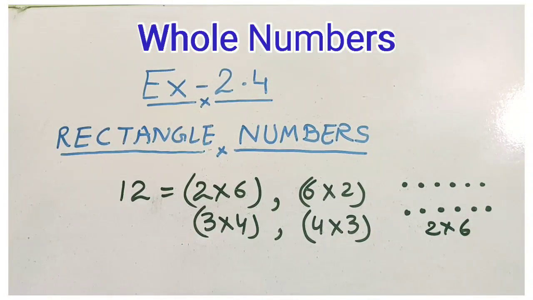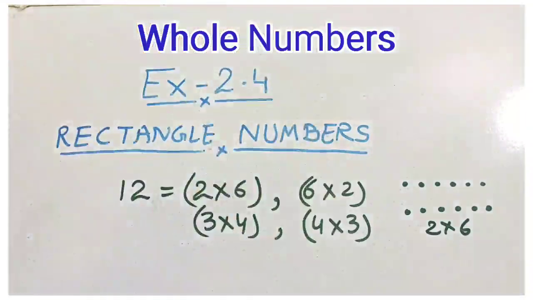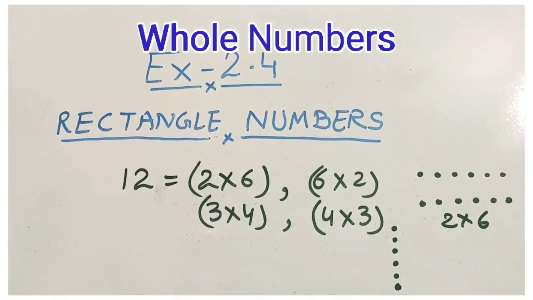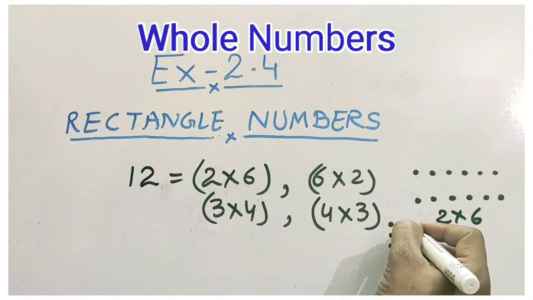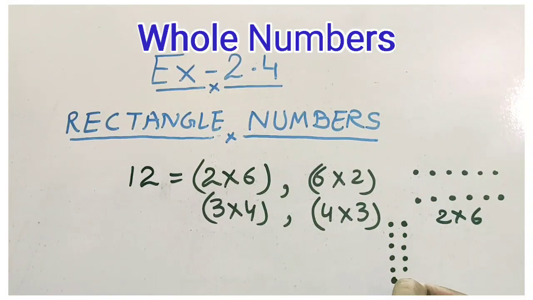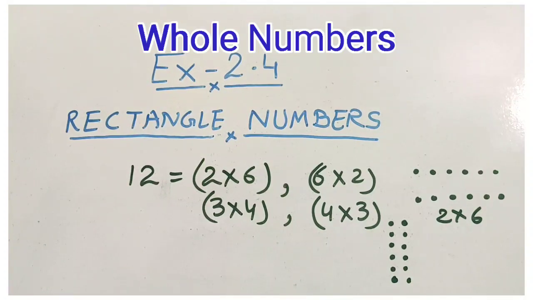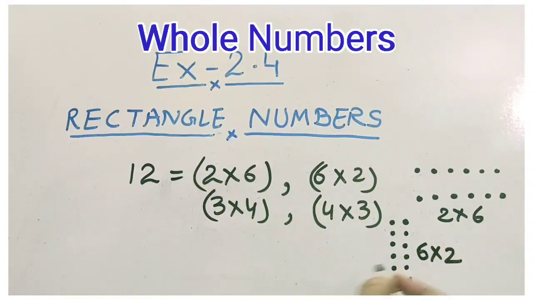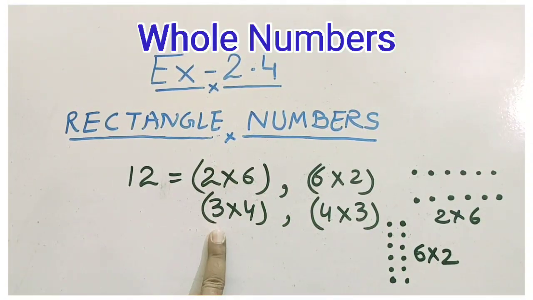Now, if we want to draw 6 by 2, what will we do? The 6 dots will be in a vertical column and horizontally we have 2. 1, 2, 3, 4, 5, 6. Clear? Total 6. Then 6 multiplied by 2, then 2. 1, 2, 3, 4, 5, 6. Clear? 2 rows and 6 columns, what we have is 6 multiplied by 2. Clear? Similarly, we can draw 3 into 4 and 4 into 3. Got it?